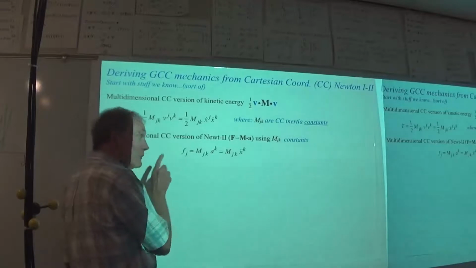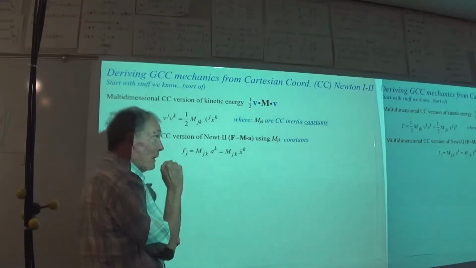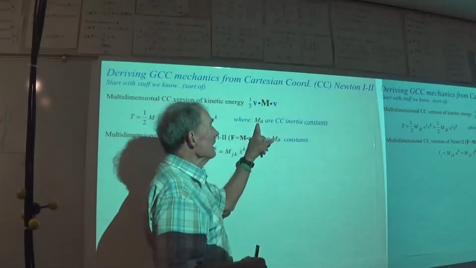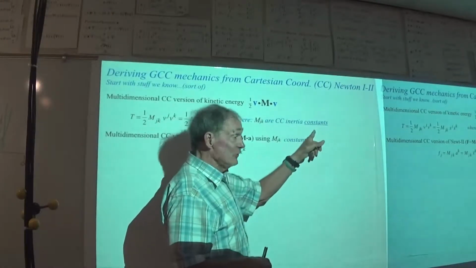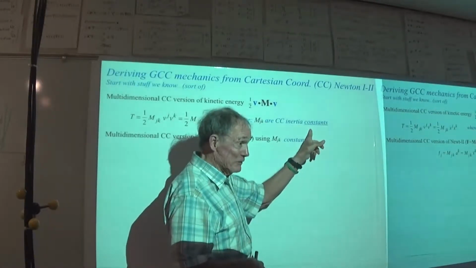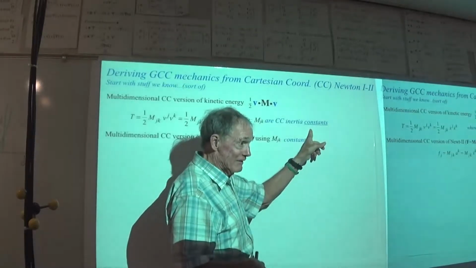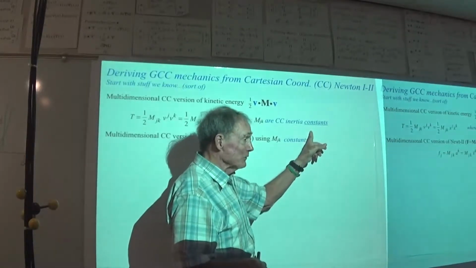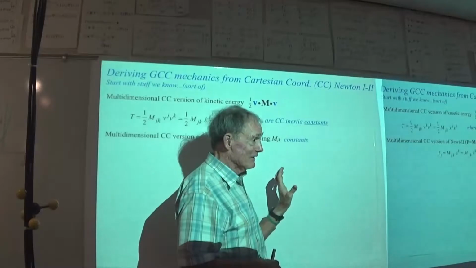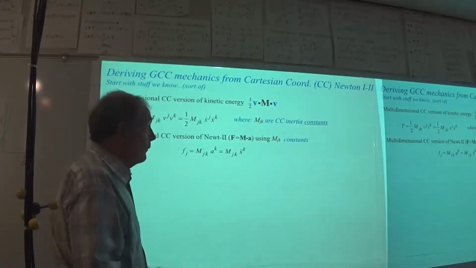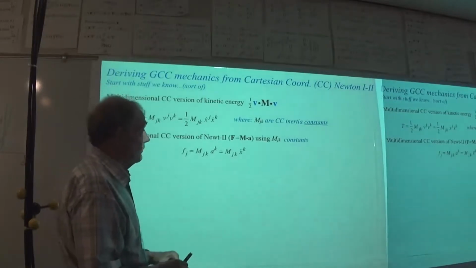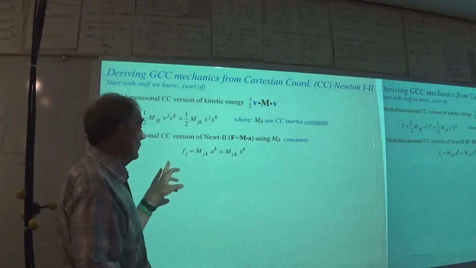But in order for me to get what I want today, I must have the Cartesian version of the mass matrix be constant. I don't want it to be a function of where you are. Now, if it is a function of where you are, you've got to start over. But we're going to take that just to make things the way they are in most derivations of this Lagrangian system.